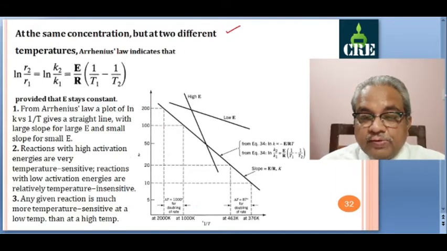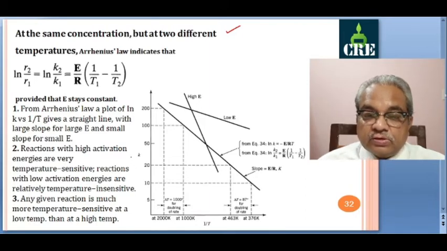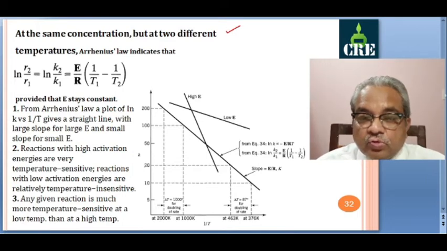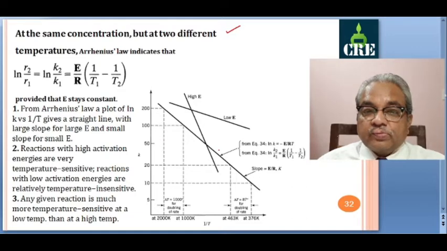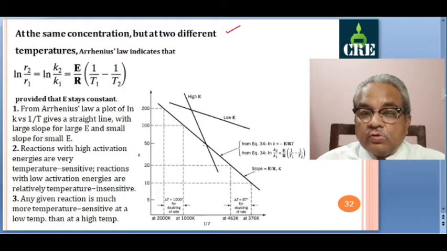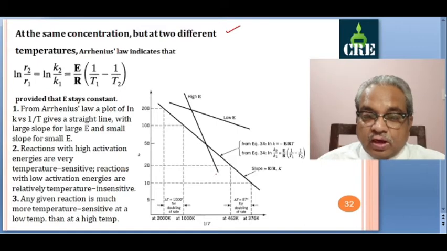Here this 1 by T is plotted, and this is ln of K, but actually it is logarithmic scale on y-axis, so semi-log paper you can say. So in this plot, for high activation energy, the slope is E by R. So if slope is high, activation energy will be higher.